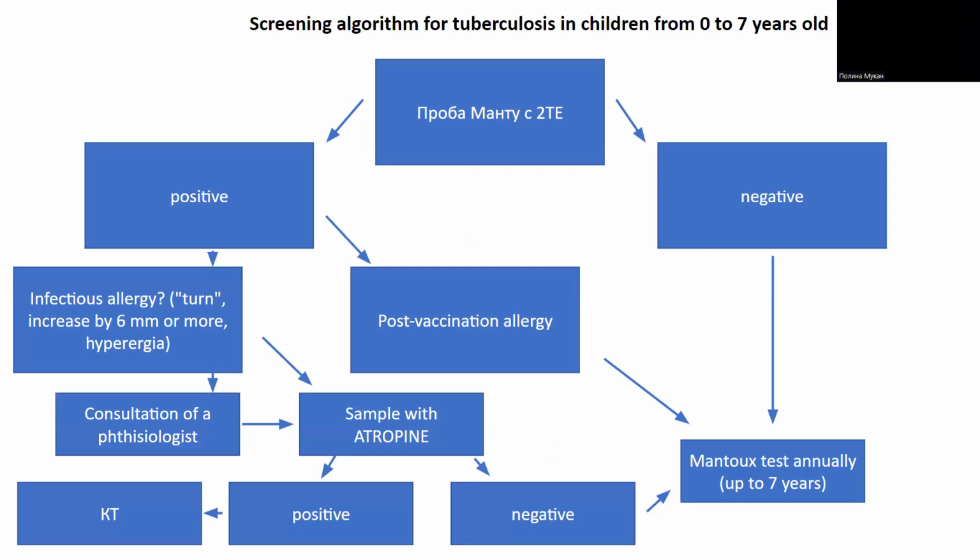Screening algorithm for tuberculosis in children from 0 to 7 years old: it is the Mantoux 2 TE test, and it can be positive or negative. You can see in this picture what we can do if we have a positive analysis.